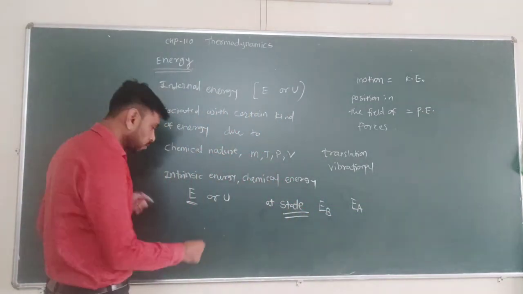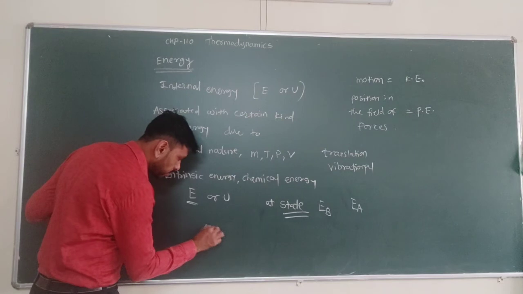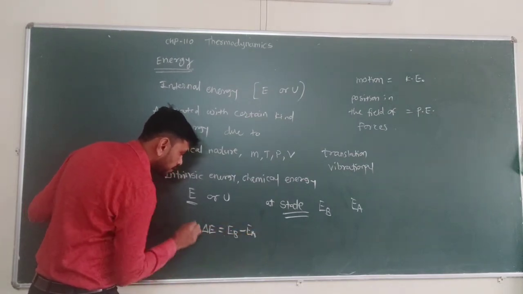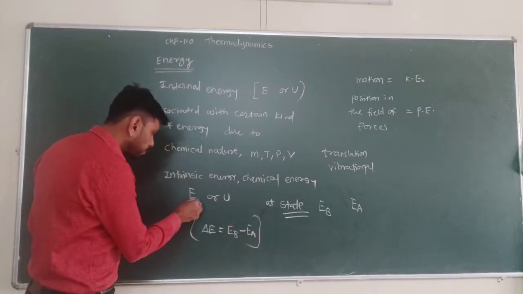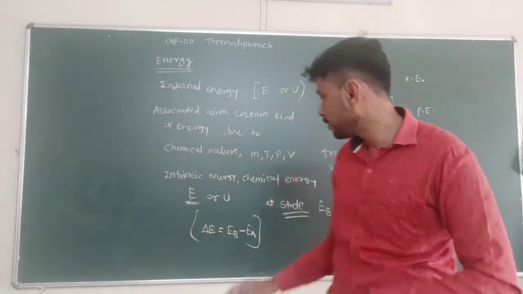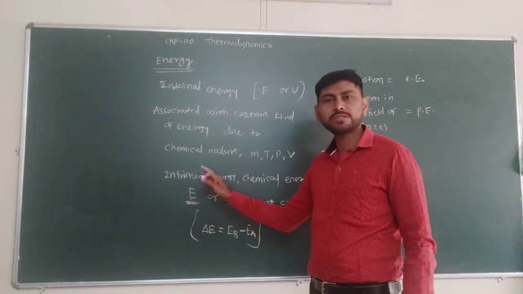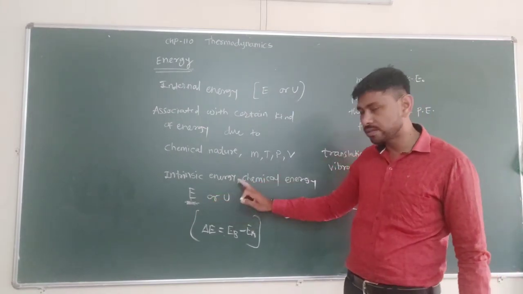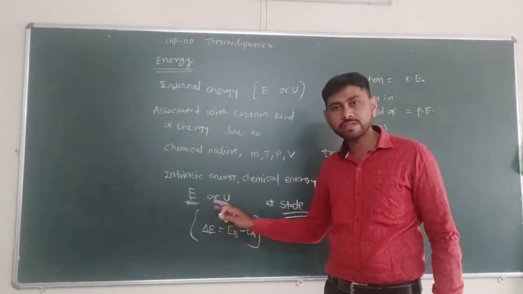From that we know the difference, delta E, between the internal energy of two states, but we don't know the exact value of E. The exact value can't be determined, and there is no need for such a value in thermodynamics. There is no significance of exact values in thermodynamics. We just want the change.